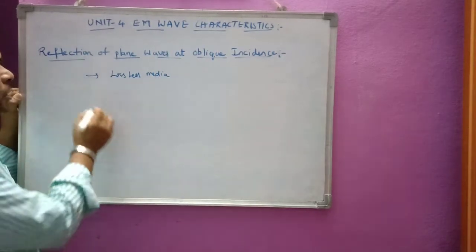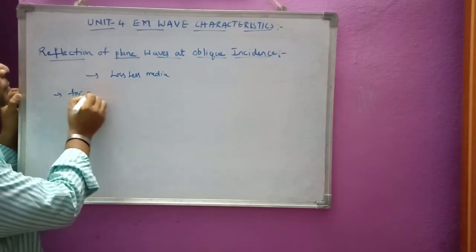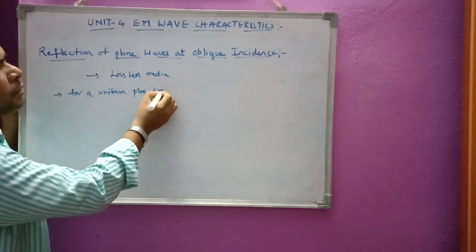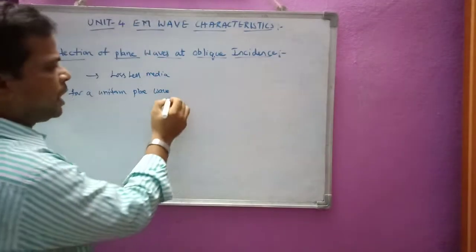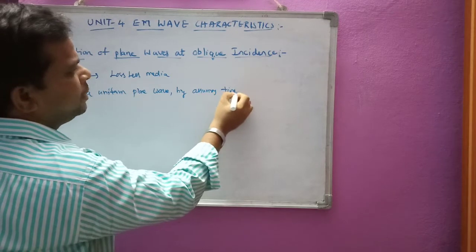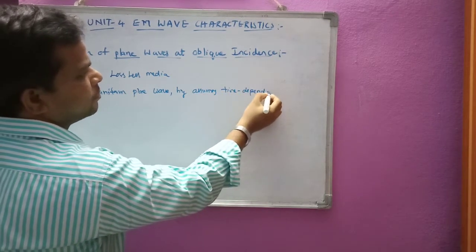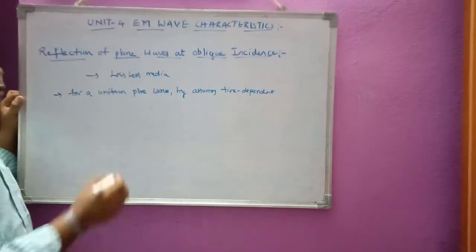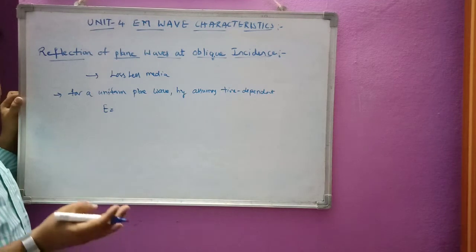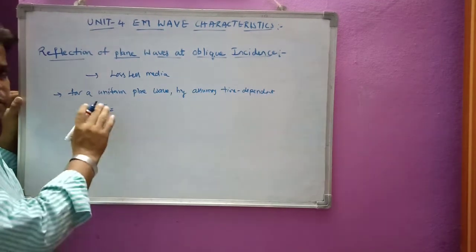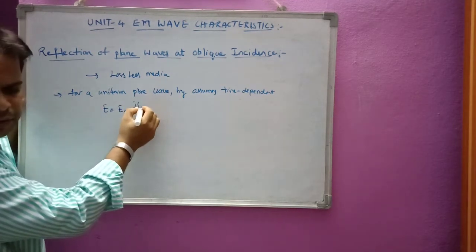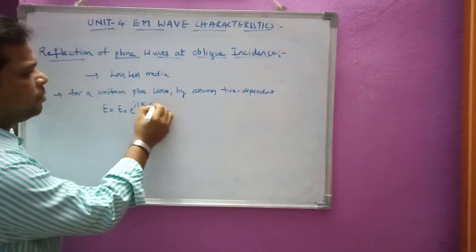And for a uniform plane wave, by assuming a time dependent factor, we are assuming E as electric field. We have to assume electric field and magnetic field, and we are going to generalize this equation, that is E is equal to E naught into e power j, k dot r minus omega t.